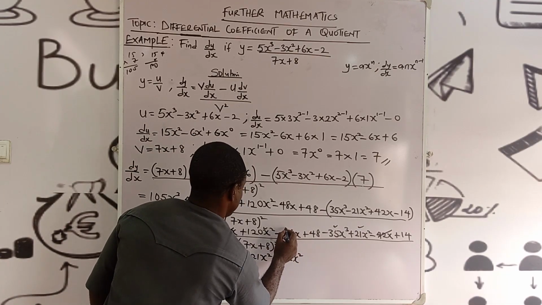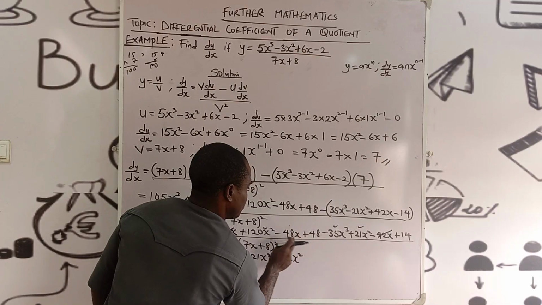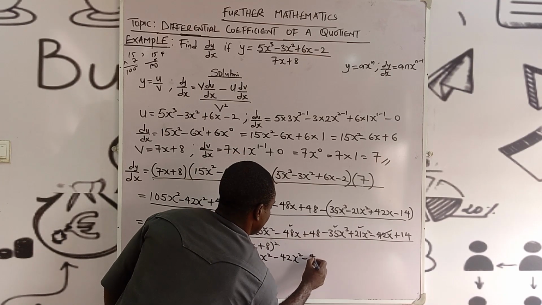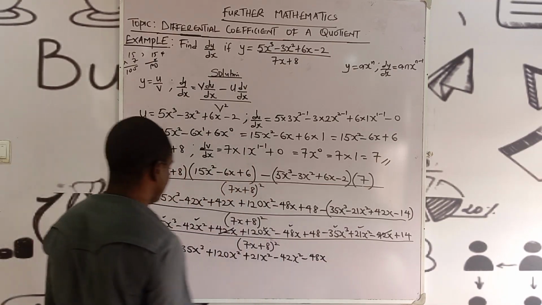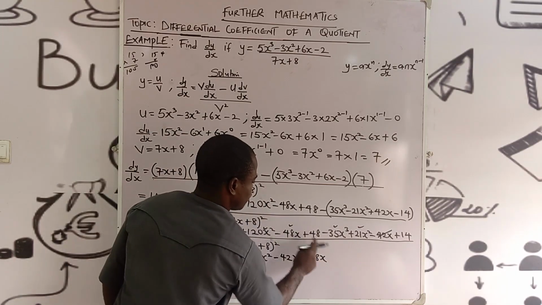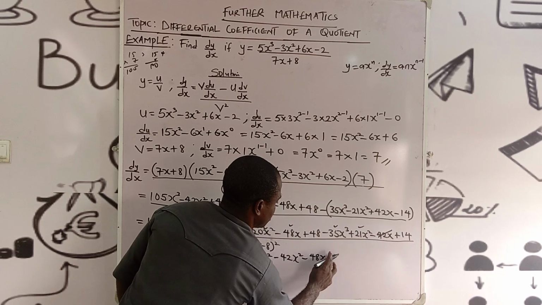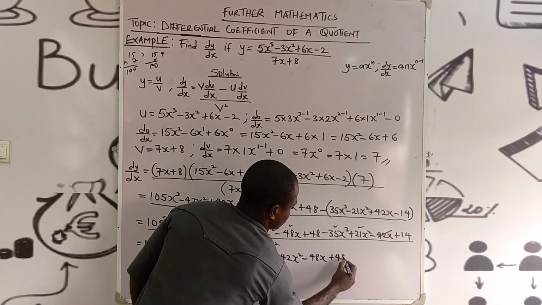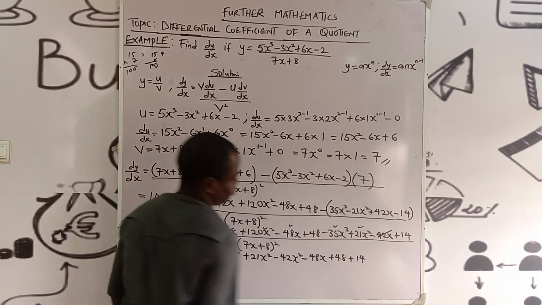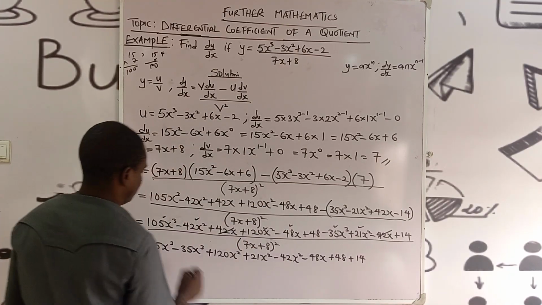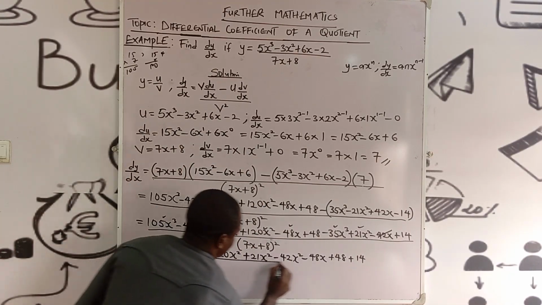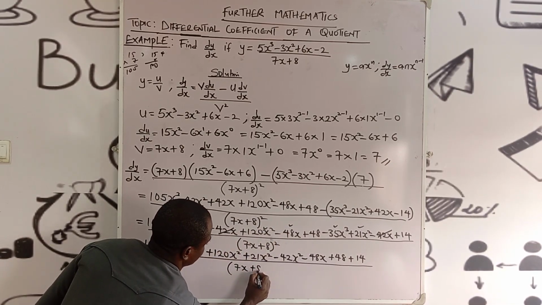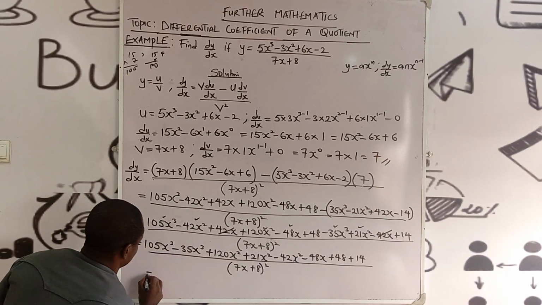Let's come to x: minus 48x. You're left with the constants 48 plus 14, over 7x plus 8 squared.